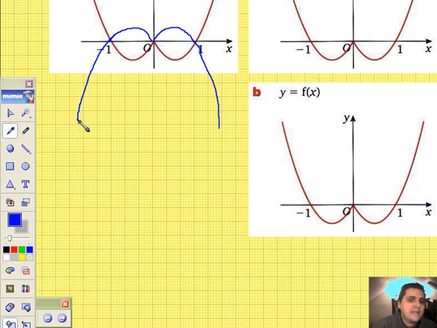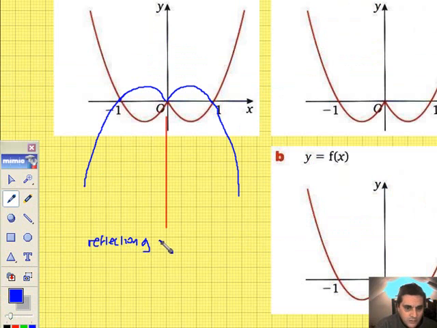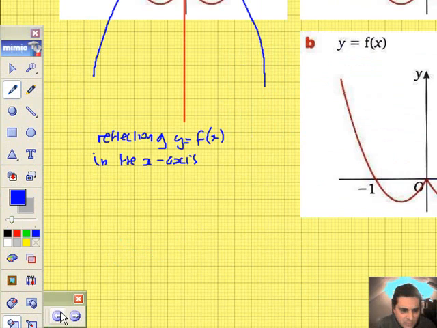And again, there's no key coordinates to mention, and of course the axes get extended like so, there's nothing special there. It's just merely a reflection of y equals function of x in the x-axis. Right, very straightforward.